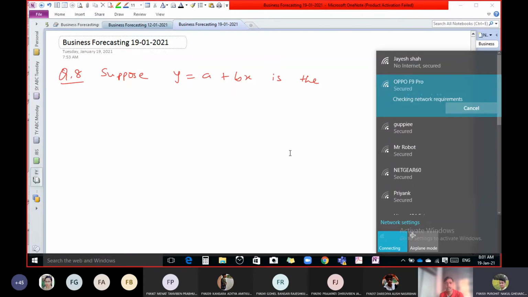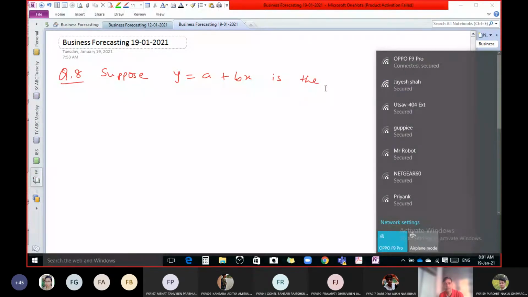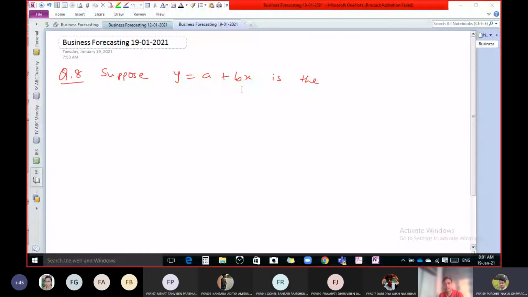Suppose y equal to a plus bx is the equation of wait for 1 minute.